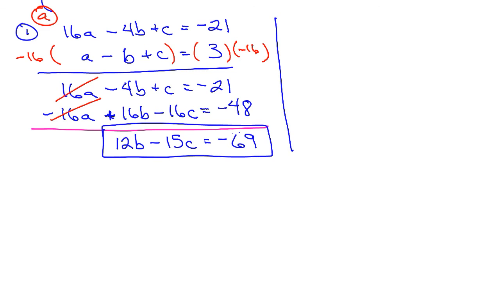Then I will choose the second equation and the third equation, that would be a minus b plus c is equal to 3, and 9a plus 3b plus c equals 7.